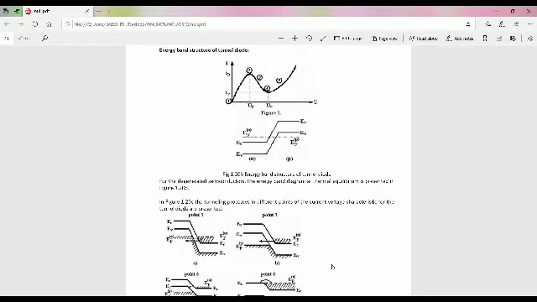As voltage increases further, these states become more misaligned and the current drops. This is called negative resistance because current decreases with increasing voltage.